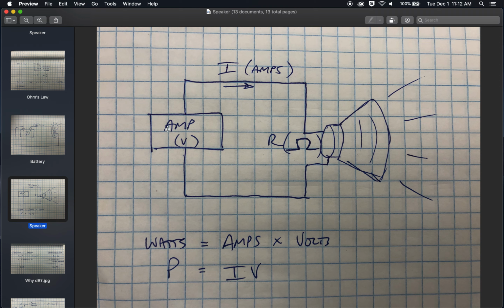It's not continuously at the maximum voltage being amplified, right? So there's a measurement called the root mean square, which is like an average. It's not exactly an average, but you can think of it as an average, where most of the signal is operating at some average level. But momentarily, little spikes here and there, there's going to be significantly higher voltages. And so your amp needs to be able to handle that.